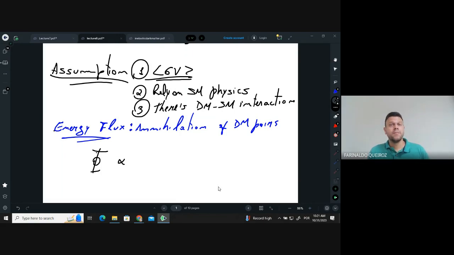Okay? Especially where you have a large concentration of dark matter. Let's say in the center of galaxies, in dwarf galaxies where you have a large concentration of dark matter particles, then you increase the chances of them finding each other and annihilating. But please be careful. The overall amount of dark matter is not really changing much because these interactions are really rare.